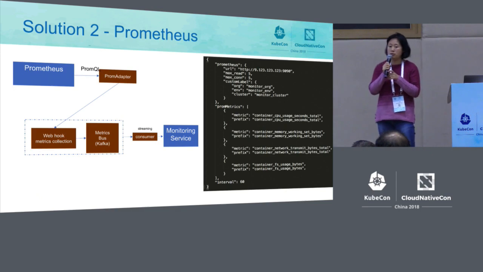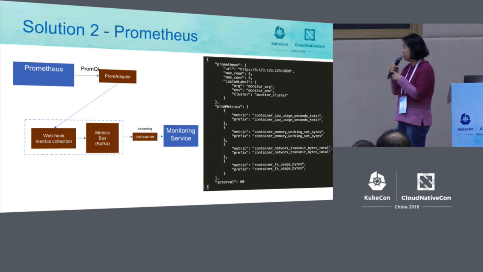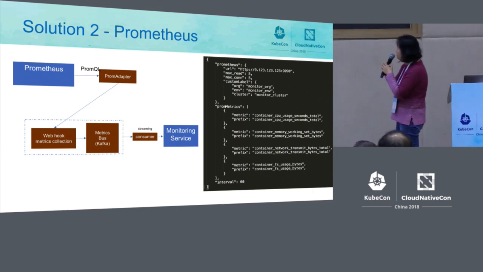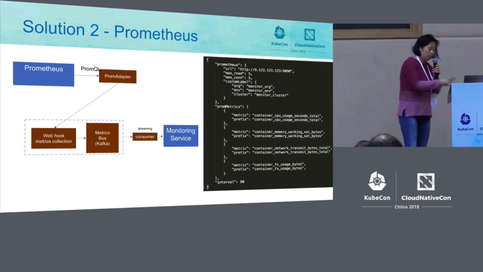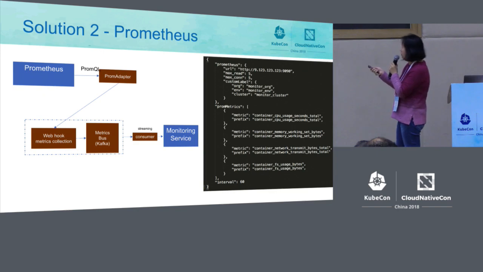In this case, we get solution 2. We have the Prometheus adapter. We know that Prometheus has its own query language, called PromQL. So this Prom adapter executes the query language of Prometheus. On the right-hand side, you can see a code sample. Let's say this is a Prometheus URL, and here is the data we want to query.